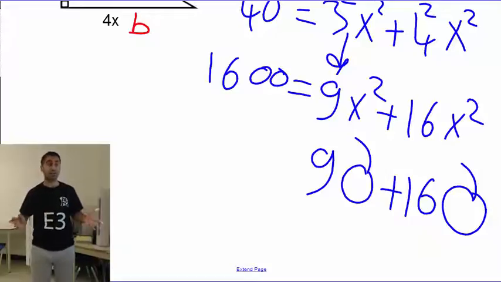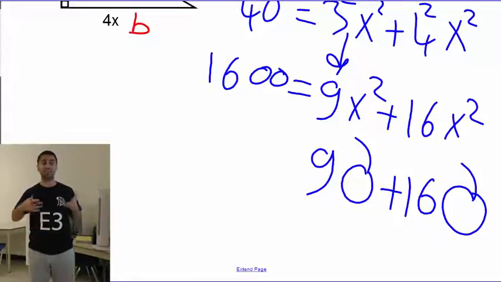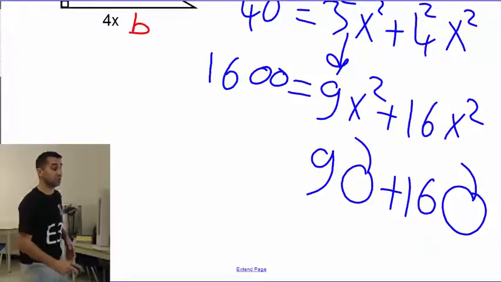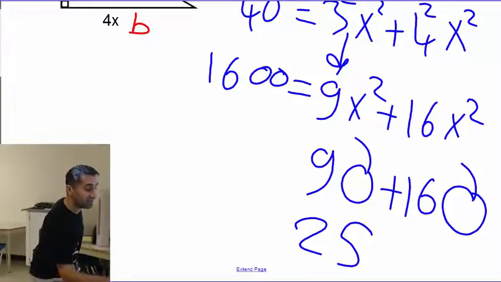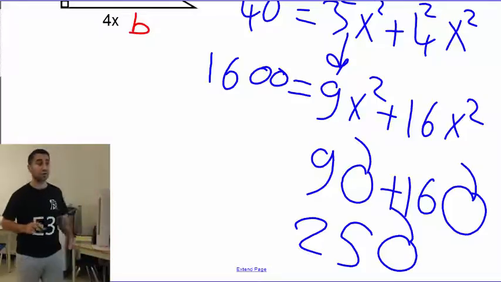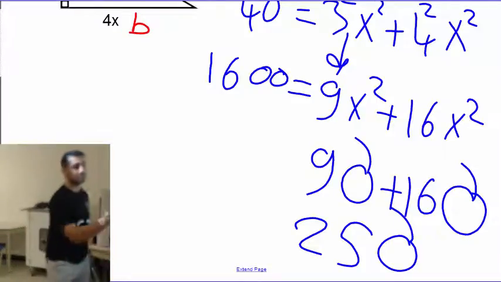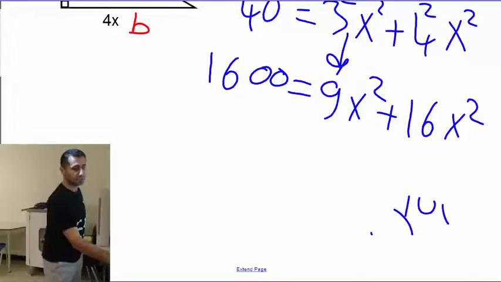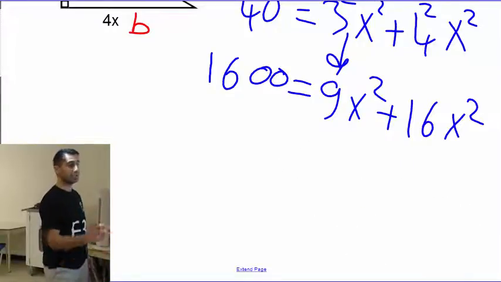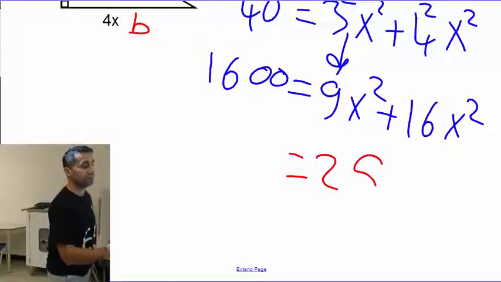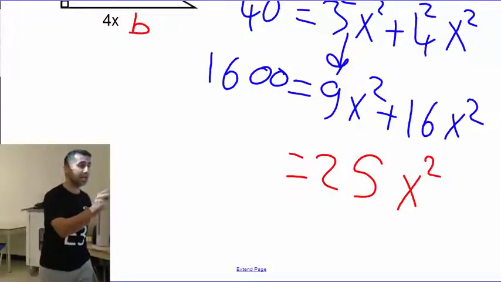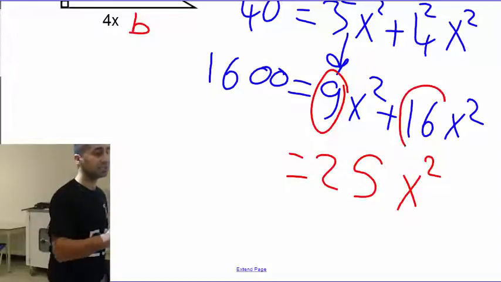Instead of apples, it talks about x square, but it's the same thing. If 9 apples plus 16 apples means 25 apples to you, that will mean clearly 9x square plus 16x square is 25x square. So we are just adding the numbers here.